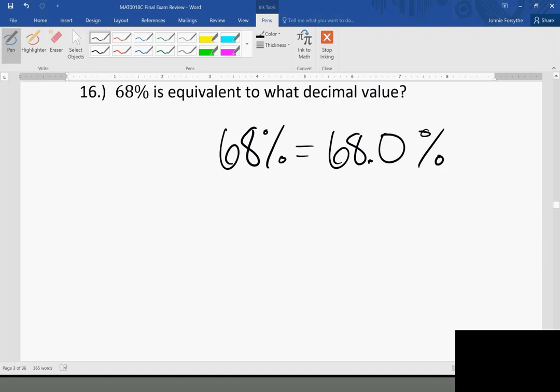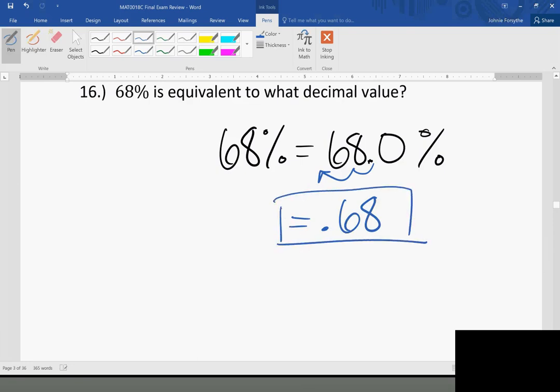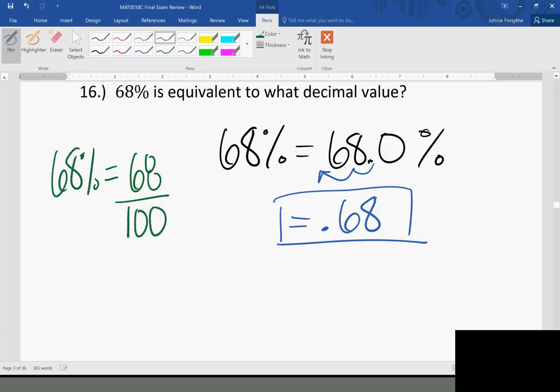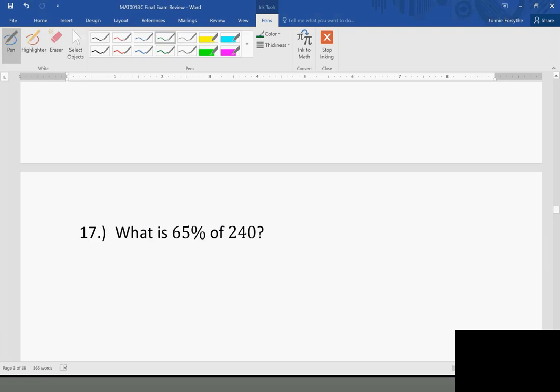So to change a percent to a decimal, you could just move the decimal 2 places to the left, and we get 0.68. So that would be your answer. Another way would be to take the 68%, that equals 68 over 100, and then divide that, which will give you 0.68.